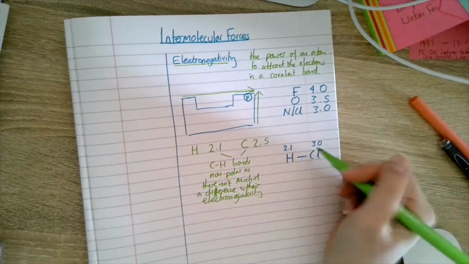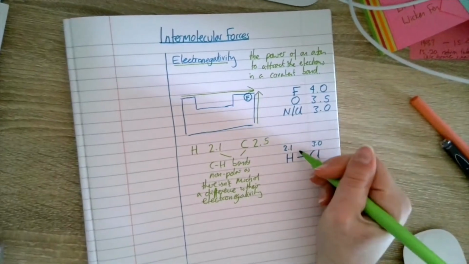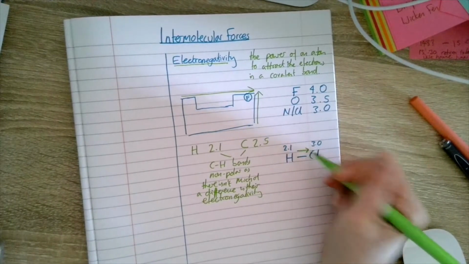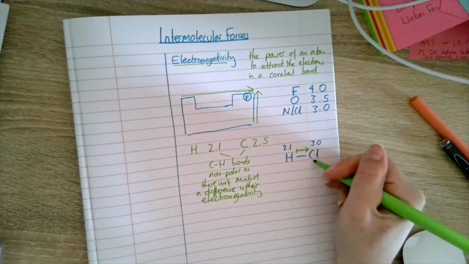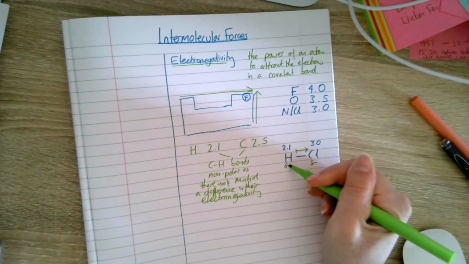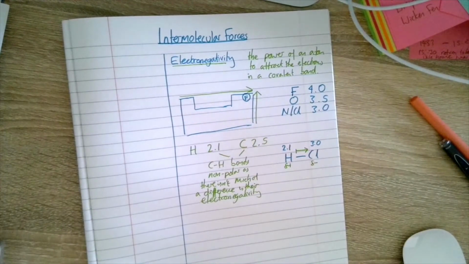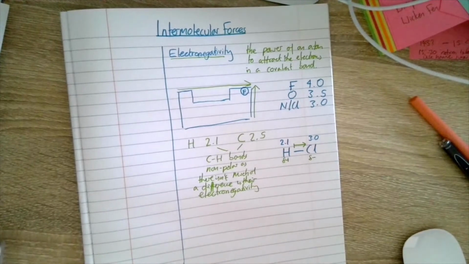So here chlorine has the larger electronegativity value, which means that our electron density is pulled towards our chlorine atom, and so we give it a delta negative compared to hydrogen's delta positive. So remember that it's the nucleus of the atoms that are attracting the electrons in the bond.